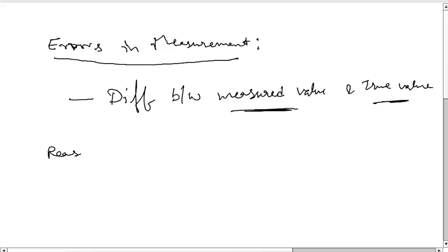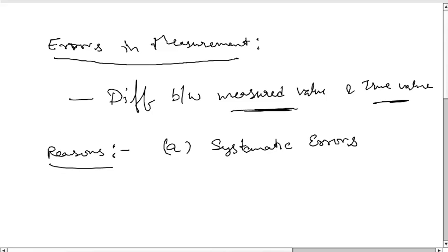Now, what are the different reasons for error? Firstly, systematic error. This is all written in your book. Systematic errors can be of three types. First, it is any shortcoming of your measuring method. Shortcoming means any limitation of your measuring method.